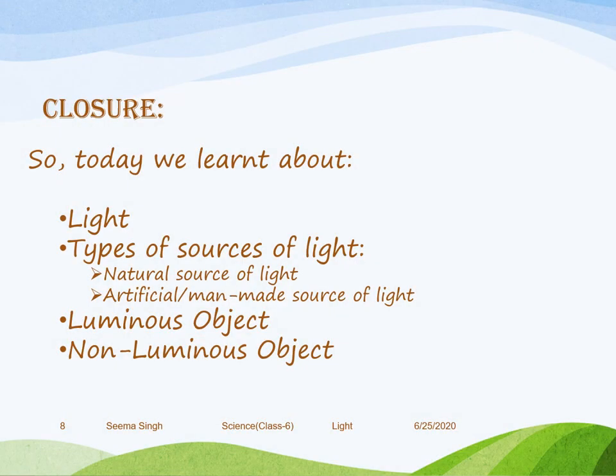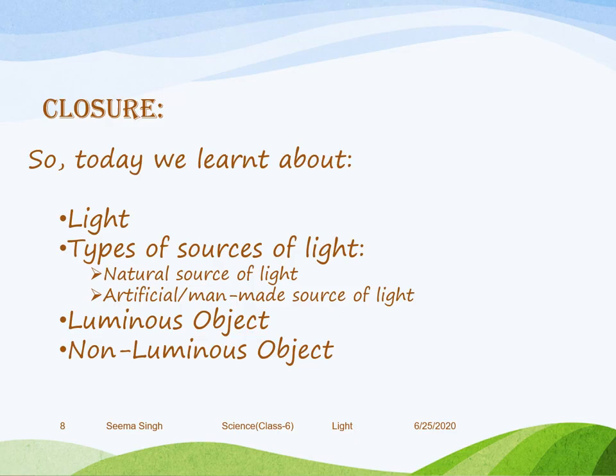So friends, let's do a quick recap of all the things we have learned today. We have learnt what is light. Light is the source that excites the sensation of vision and which enables us to see the surroundings. What are the various types of sources of light?